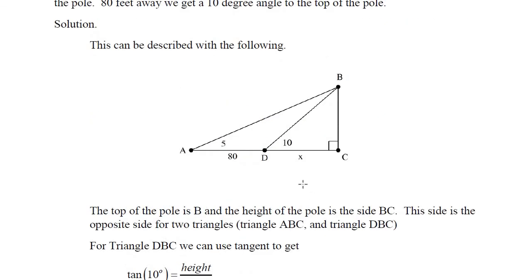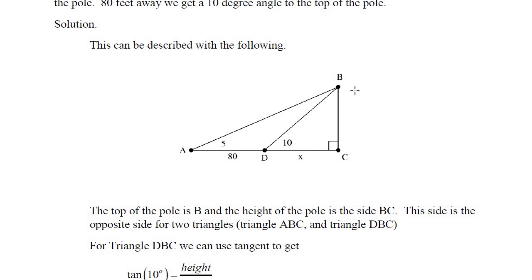Now, in order to find this, we have a tangent. So this tangent's going to be the opposite divided by the adjacent. So that means the tangent of 10 degrees times this number will end up giving me my height.